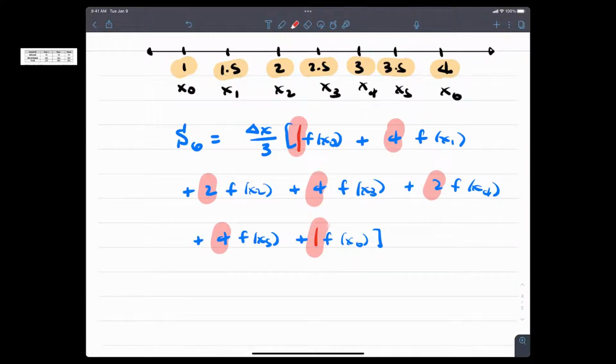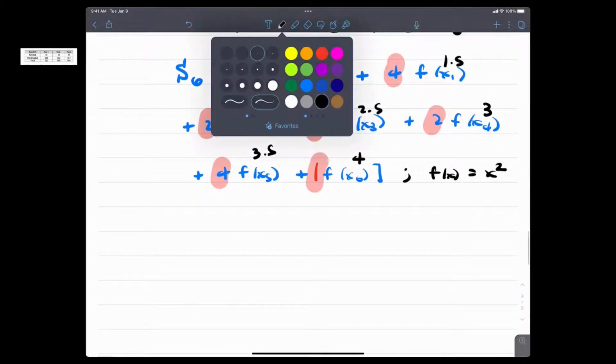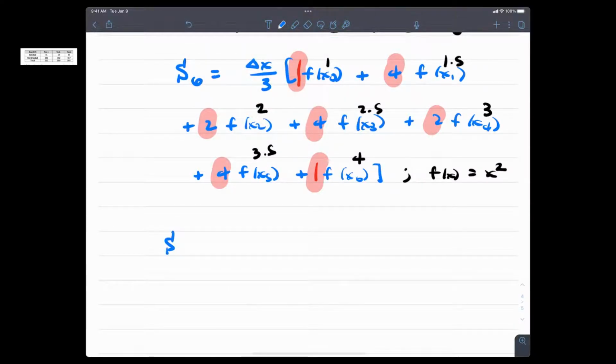You know, and then what I do as the next step, you know what I do? I plug in these values. This is 1. This is 1.5. This is going to be a 2. 2.5, a 3, a 3.5, and then a 4, right? And then I want to remember what's the function again? X squared. Okay? So then very easily you can say delta x, isn't that 0.5 divided by 3 now, right?